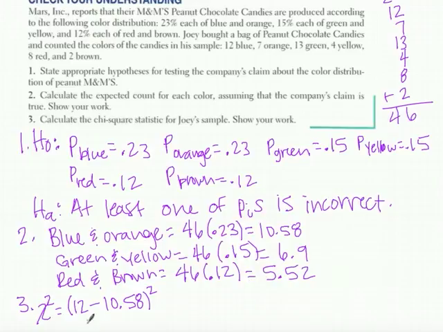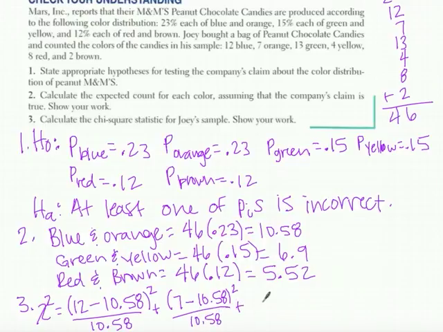We square that over the expected. Now we would do the orange. In the bag, he saw 7 orange M&Ms. So you do observed minus the expected, which was 10.58, square that, and put it over the expected.